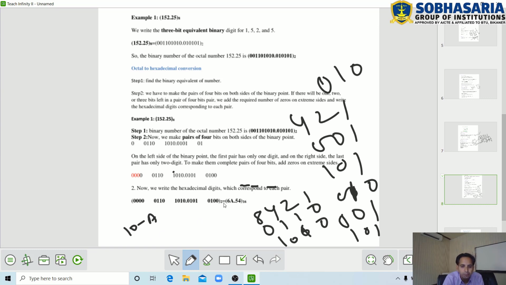Point 54: 0101 is 5 and 0100 means 4. So this is the calculation of octal to hexadecimal conversion.